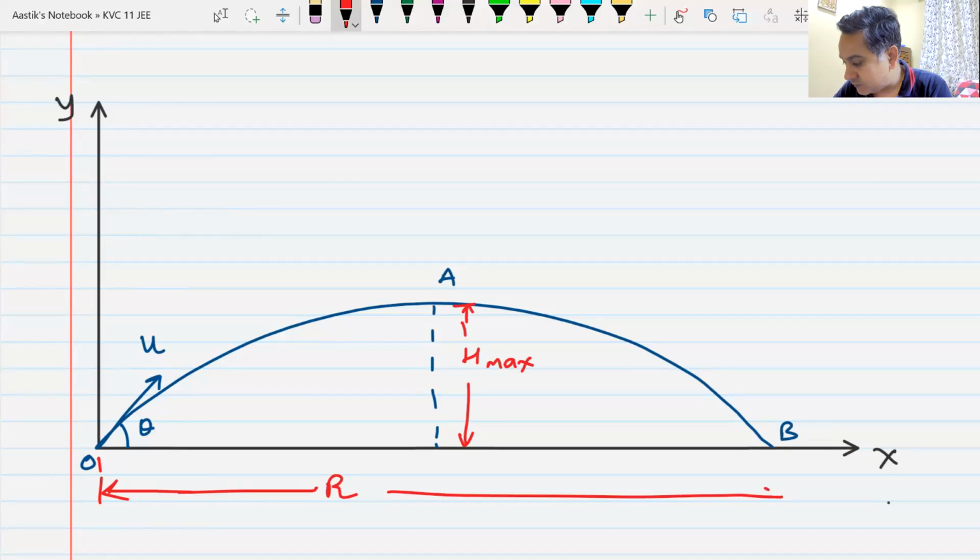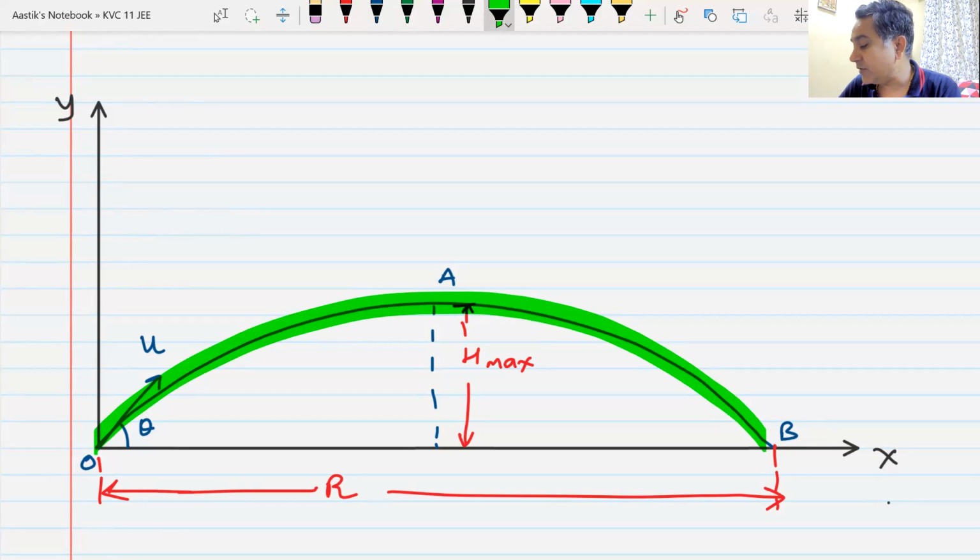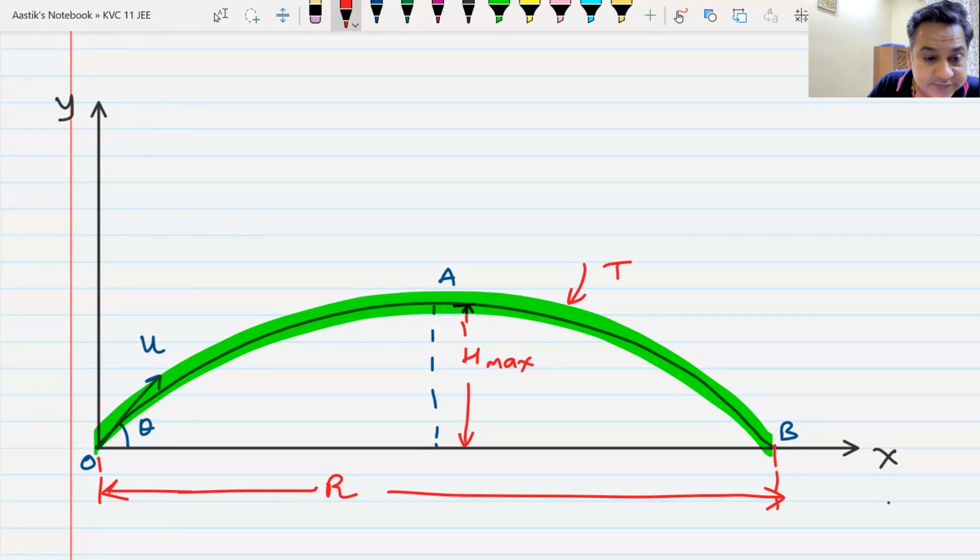So we'll just talk about the 3 terms that are going to come here. One is the maximum height, one is the time of flight, and the third one is the horizontal range.